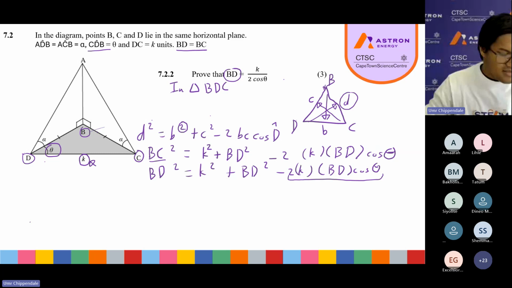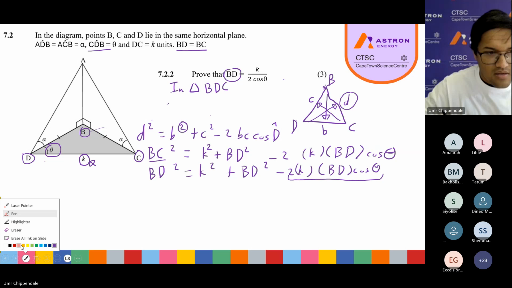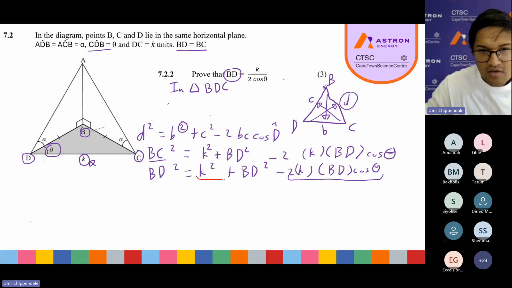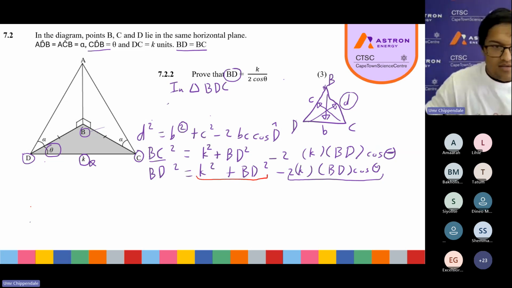I'm going to bring everything else over instead. So this entire section here, this part over here, this entire part is going to come over. All right, so we'll write that down.